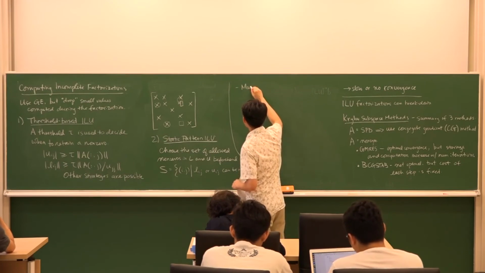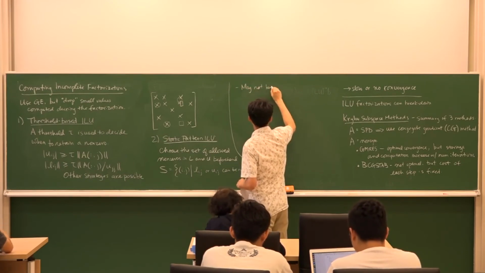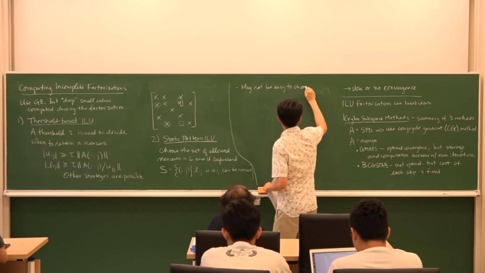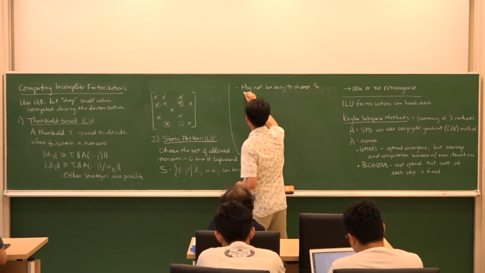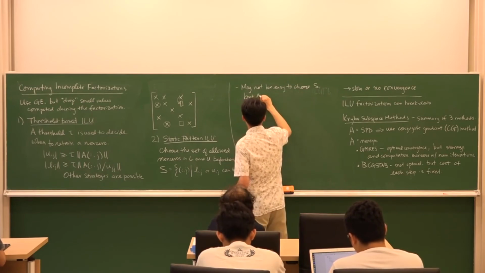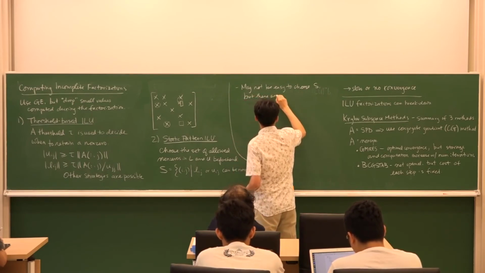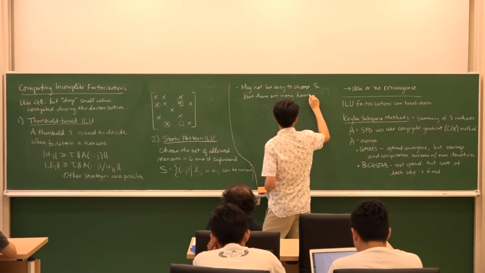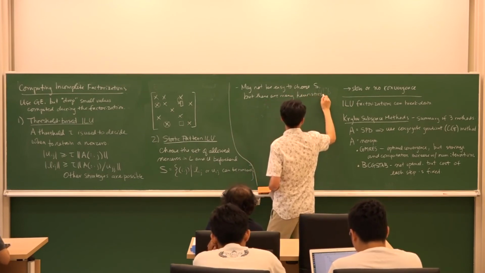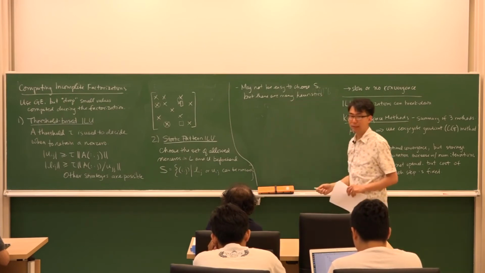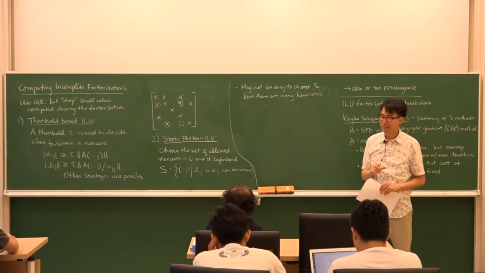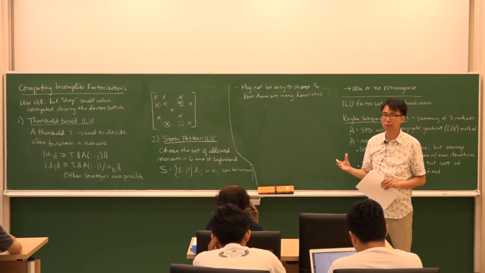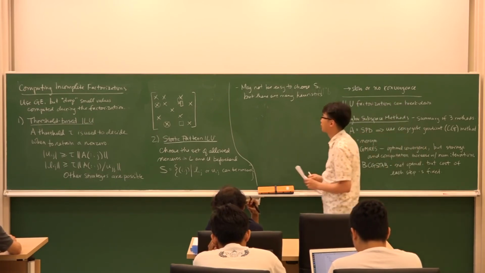It may not be easy to choose S, but there are many heuristics. Meaning many ideas that should work well, but we don't really have any kind of proof that they work well.